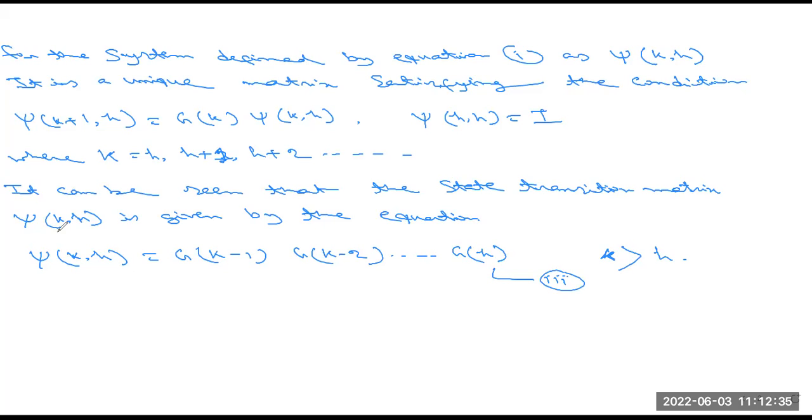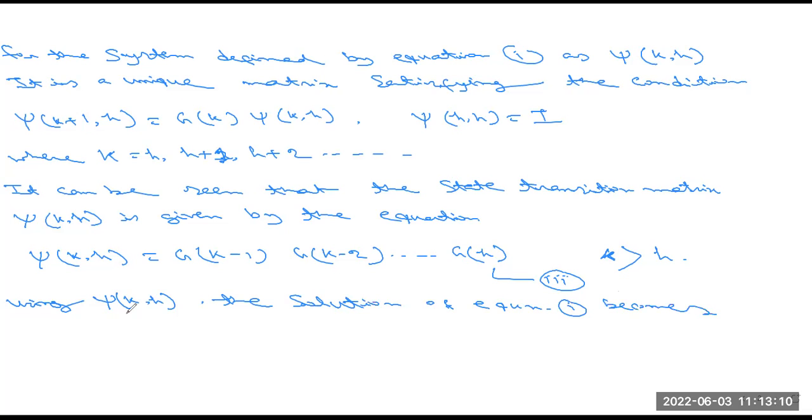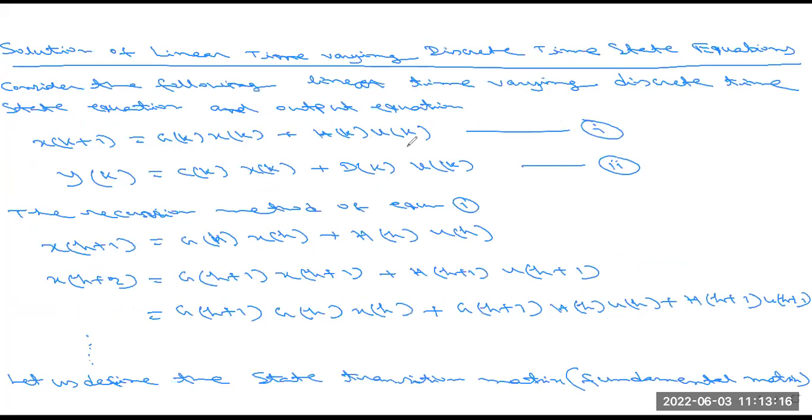Is it clear to all of you up to this part? This is psi of k comma h. The solution of equation 1 becomes, what was equation 1? This is equation 1, you know that.